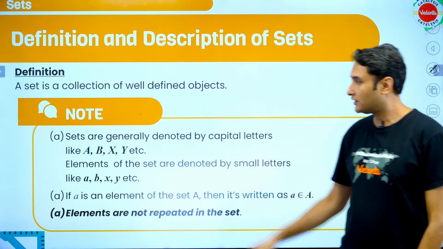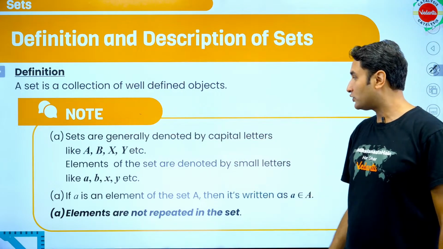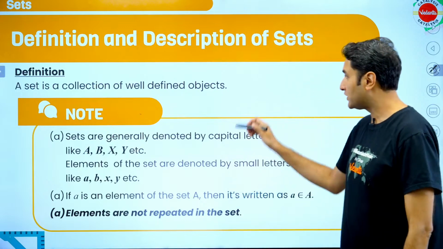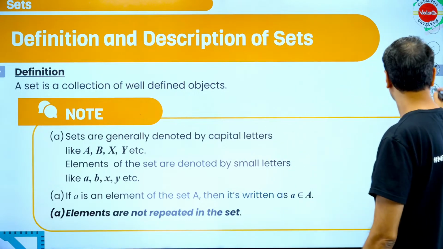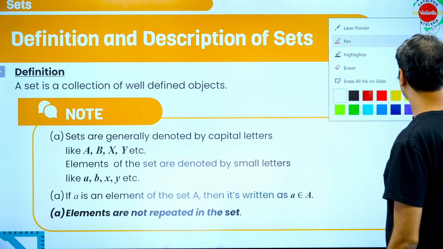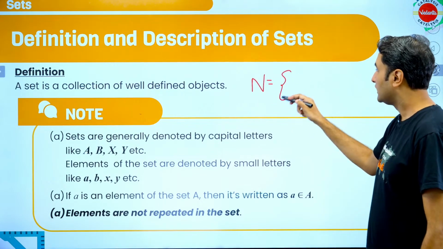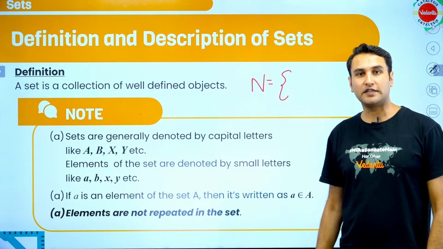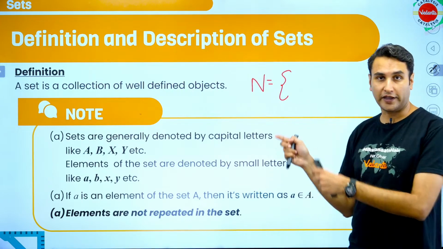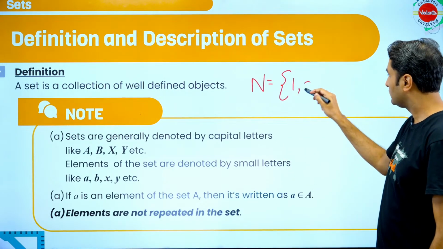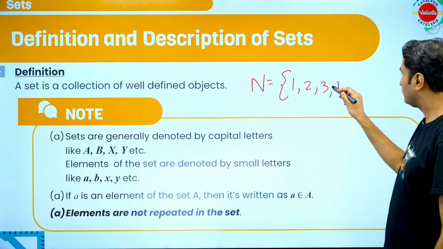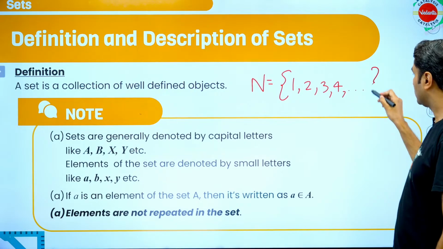See the definition. Sets are generally denoted by capital letters. Say for example, the set of natural numbers N. We represent the elements inside the set in curly brackets. These are 1, 2, 3, 4 and so on, right?